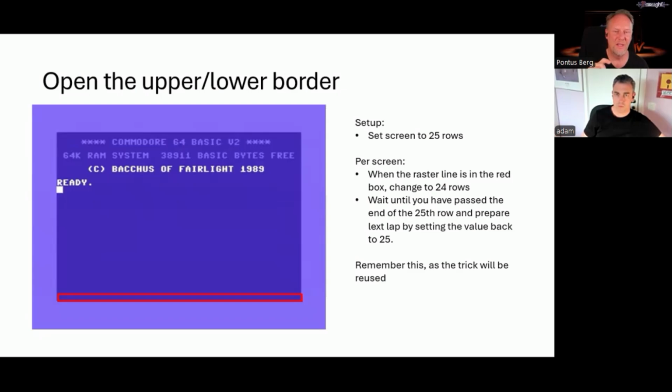Because what happens then is that VIC would never reach the end of the screen, because you tricked it into believing that we're now in the border, so just keep drawing what you're drawing, don't mind. And then when you pass the last raster line of row 25, you can put it back to 25 so that you are prepared for 25 at the start of the next screen.